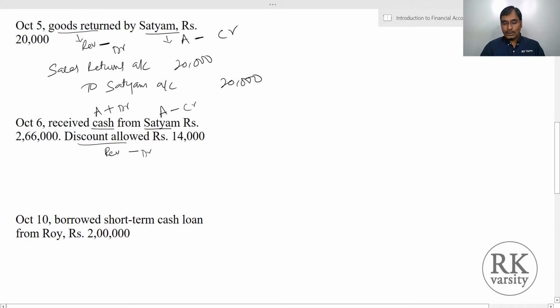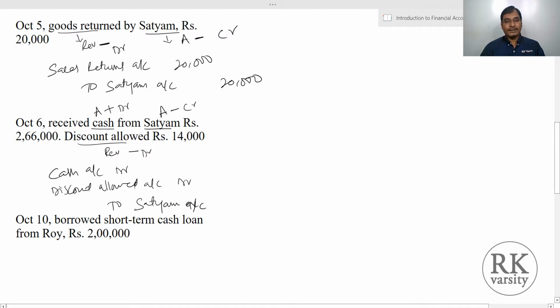So we'll write the transaction like this: cash account debtor, then discount allowed account debtor to Satyam account.